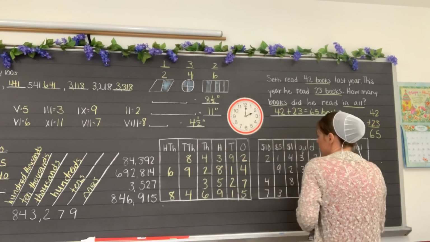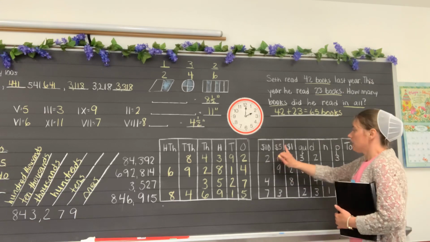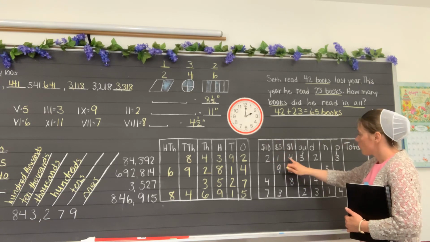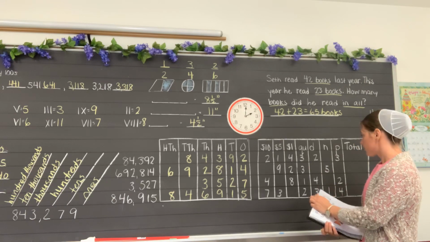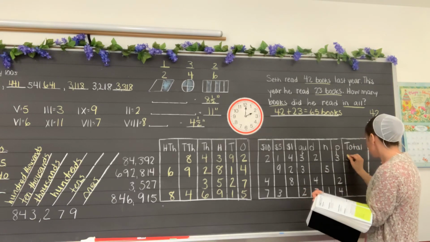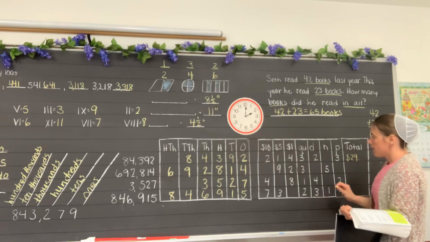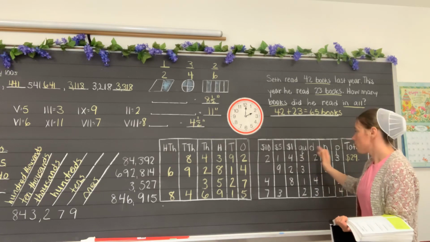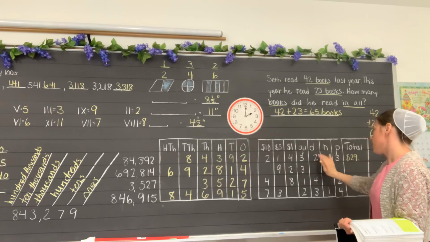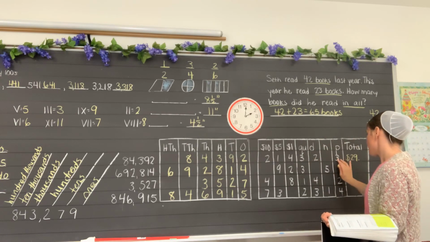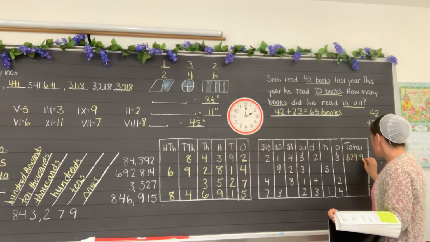We have 2 10s, so that's 10, 20, 25, 26, 27, 28, 29, $29, and so we'll write 29 here. And then here we have quarters, so quarters go by 25s, 25, 50, 75, 85, 95, 96, 97, 98, 98 cents.